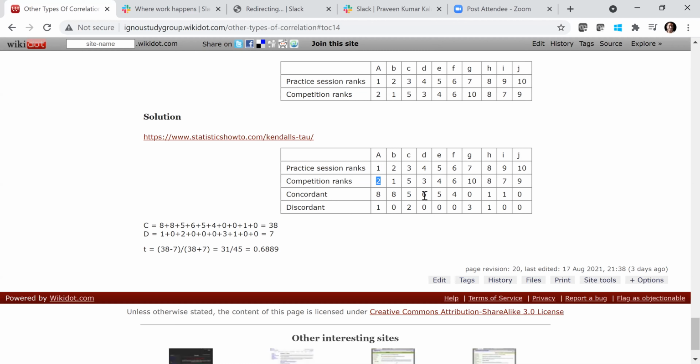So in the second one, it is 8, right? You have written 8. Competition rank is 1, concordant is 8. For more than 1, we will have 9, no? Can you see the highlighted rows?